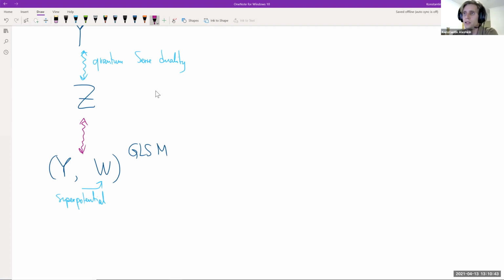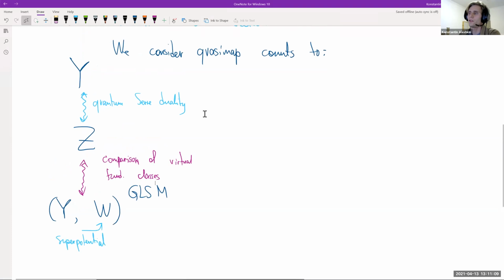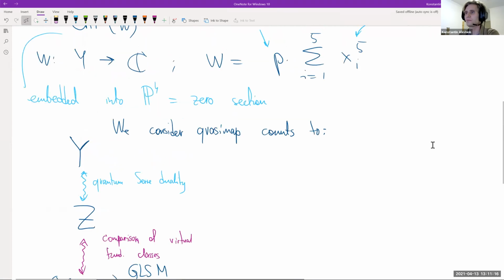It's done by comparison of virtual fundamental classes associated to the corresponding counting theories. I don't know if there is a good name for this correspondence. So far there is no Landau-Ginzburg-Calabi-Yau correspondence, so I left some space on the right of this diagram, and there's going to be some.